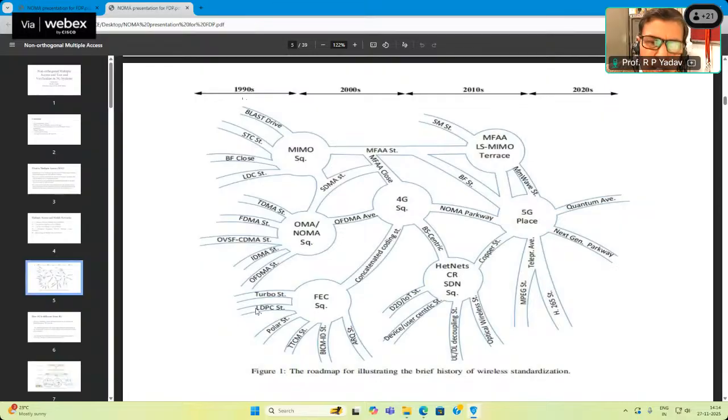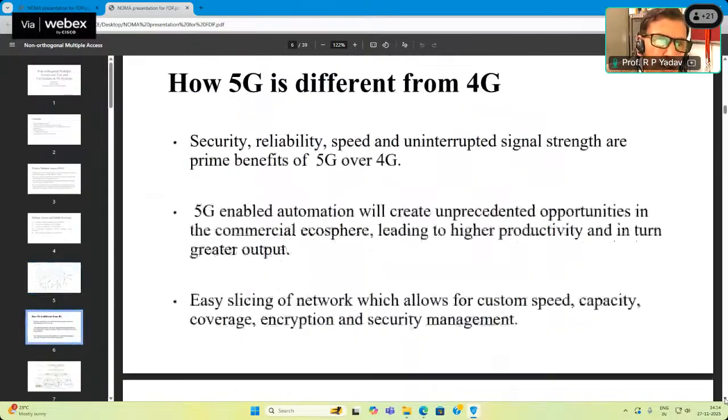Even for 5G, not all standards have come up even today. They are still working, and it is a very tedious negotiation that goes on. So how is 5G different from 4G?